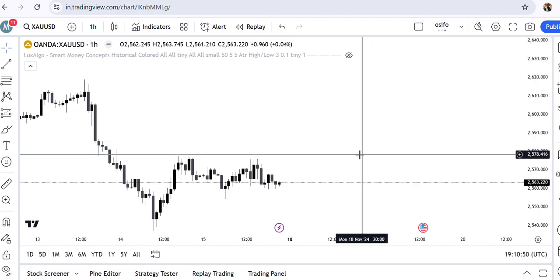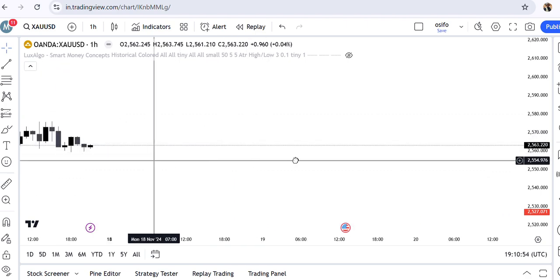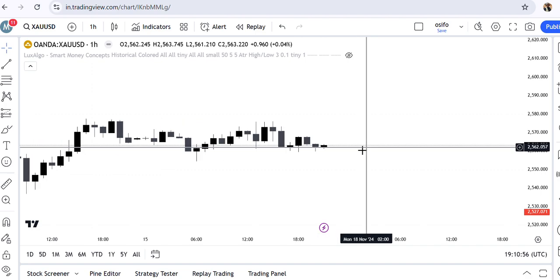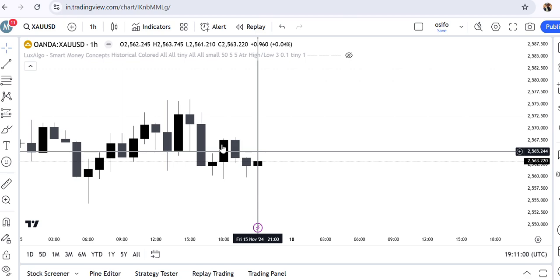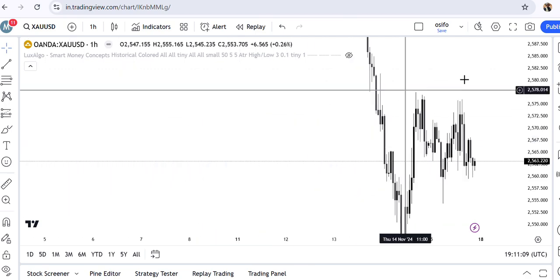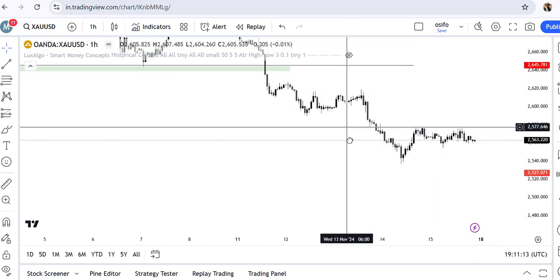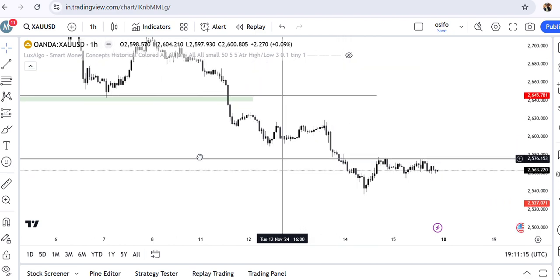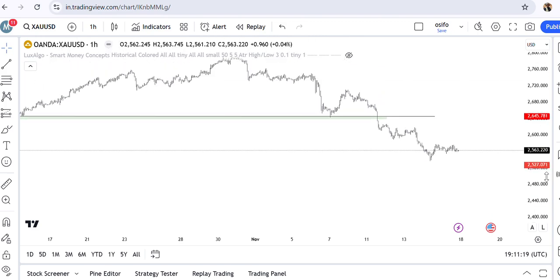Each of these bars is a candlestick. One of these bars like this one here is called a candlestick. A collection of them together is what we call a chart. For me, I like to define my chart as a collection of candlesticks.